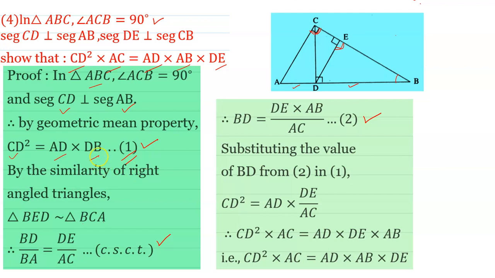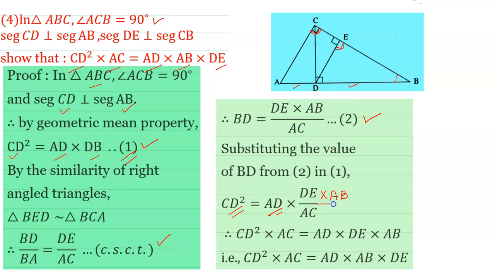BD means DB. Therefore CD square is equal to, keep this AD as it is. We are substituting the value of DB or BD. Its value is DE upon AC into AB.